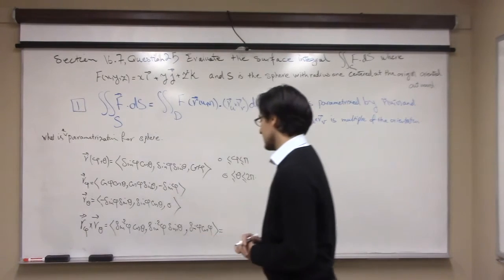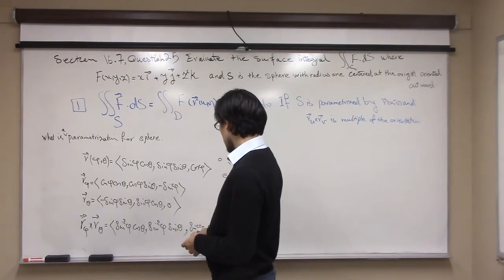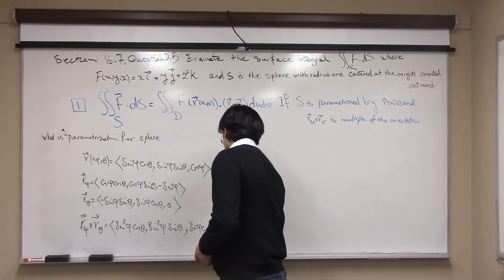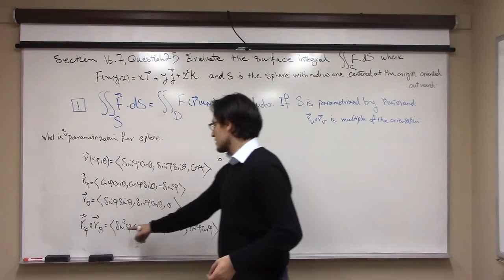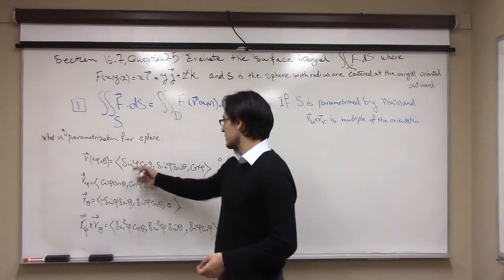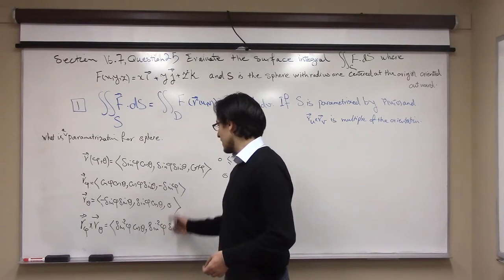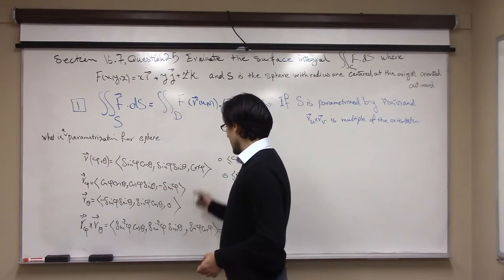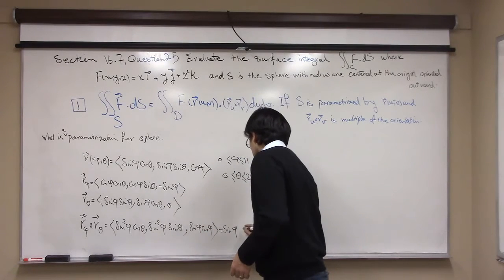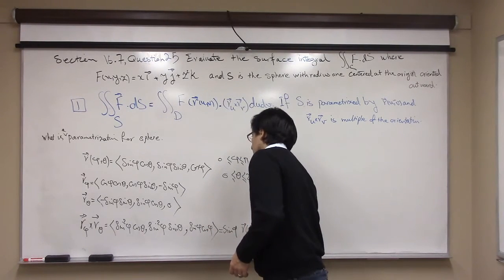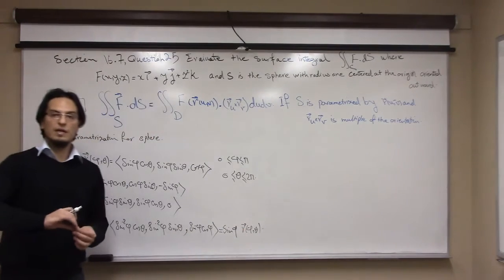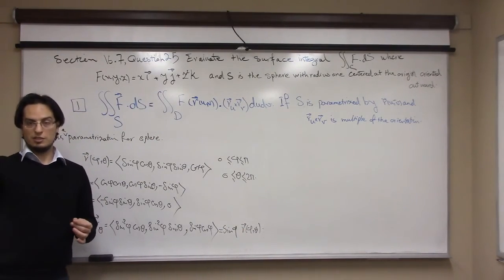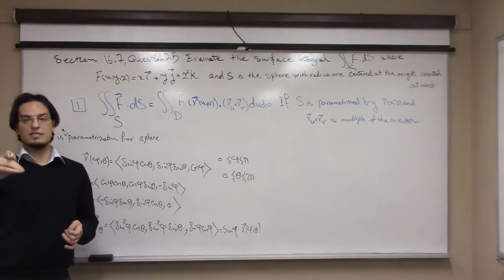The way you can see is that if you factor out sine of phi, this is going to be sine phi cosine theta, sine phi sine theta, and cosine phi. So it is going to be a multiple of the vector which defines the surface, the sphere.